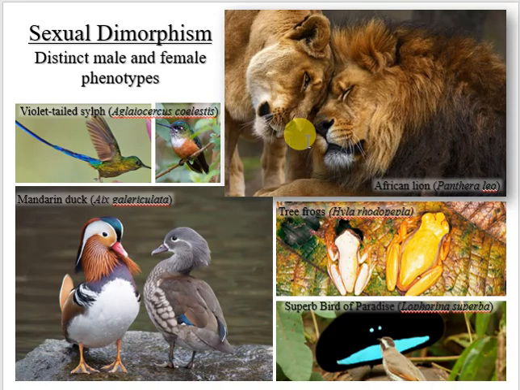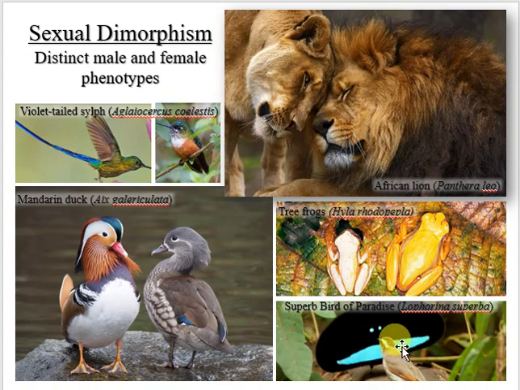They are distinctly different from one another, other than just differences in sex organs. Now, these distinctions can include physiological differences like size, color, or body structure between the sexes, right?